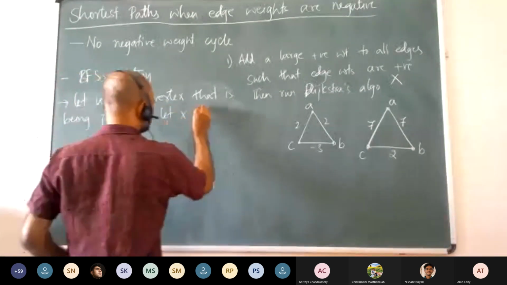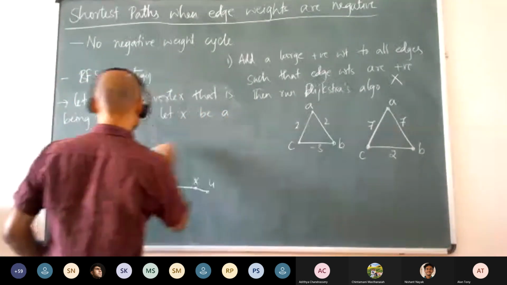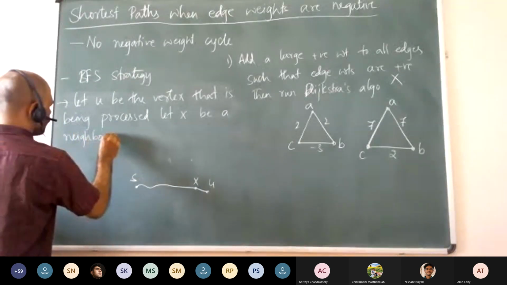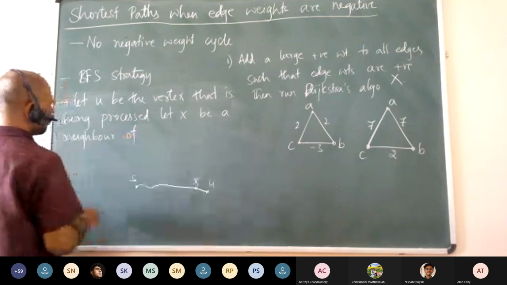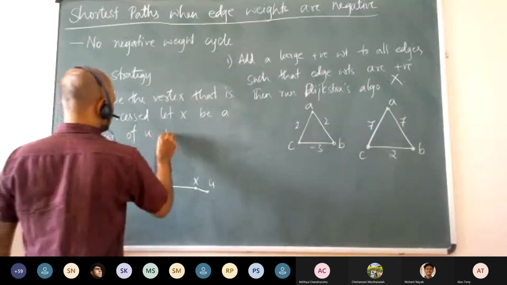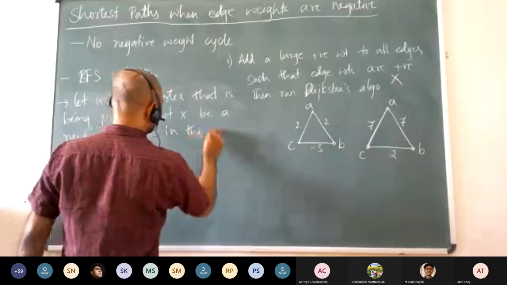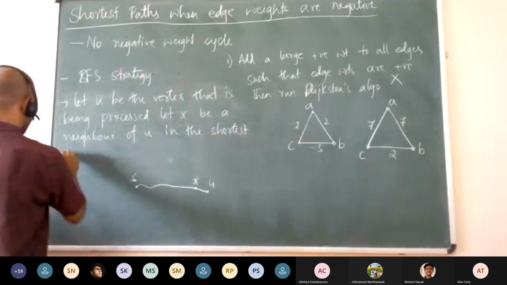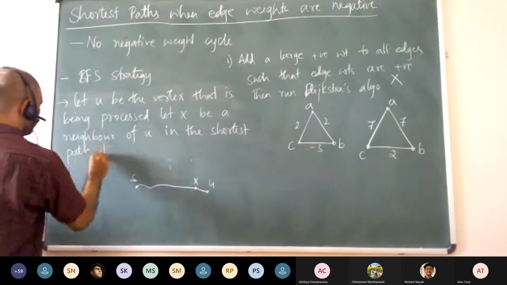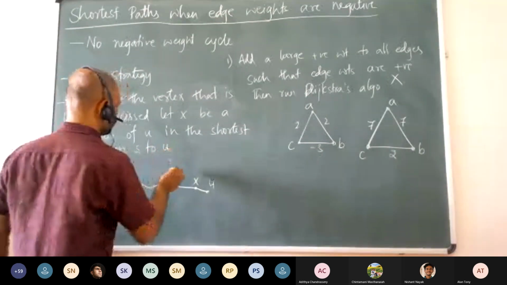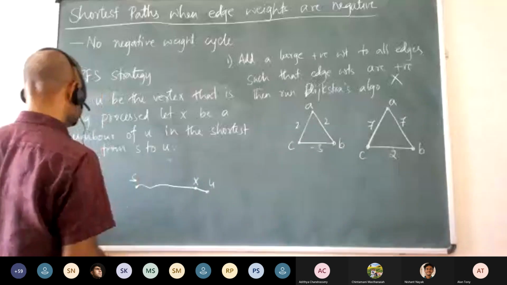Let X be a neighbor of U in the shortest path from S to U as of now, right?